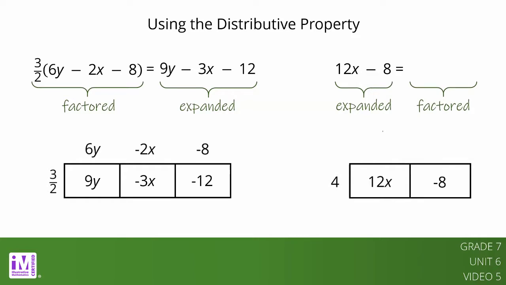To find the other factors, we ask ourselves, 4 times what is 12x? 4 times what is -8? So 12x minus 8 is equivalent to 4 times the quantity 3x minus 2. No matter what value we substitute for the variable, these expressions will be equal.